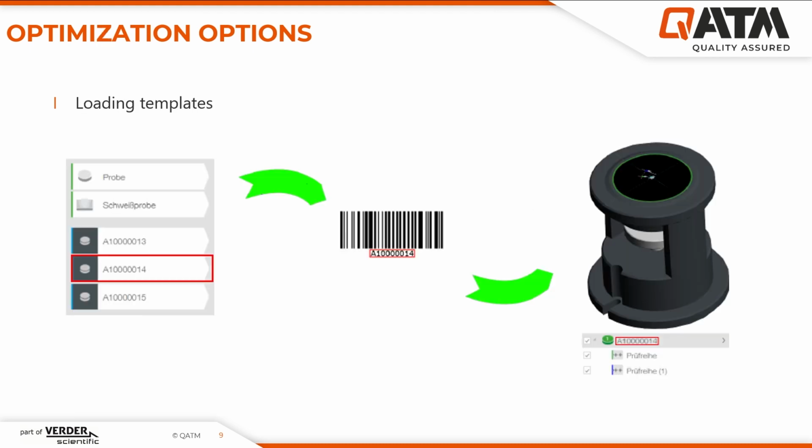One other application would be the loading of templates, which means we have several templates saved in the software for different applications. And by scanning the barcode, the software is automatically searching for the responsible template with the same name.